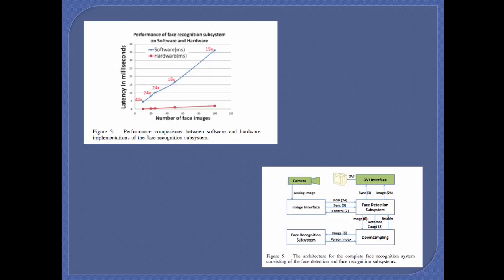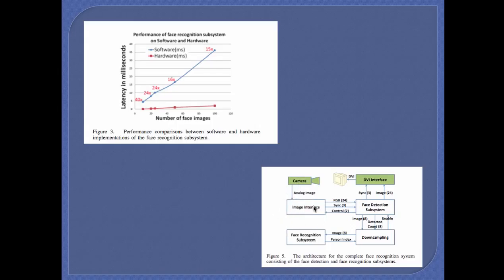And then another figure down here, figure 5, that I show is the architecture for a complete facial recognition system consisting of face detection and the facial recognition subsystem. So you have the camera, and say it's just a normal camera that's going to take a shot.